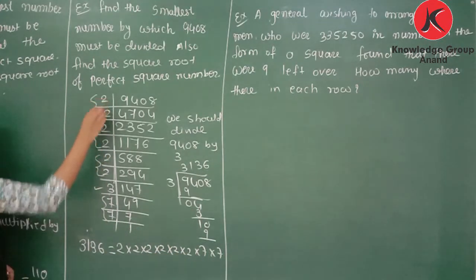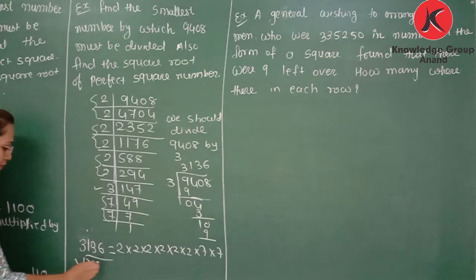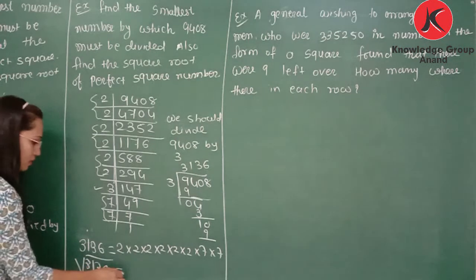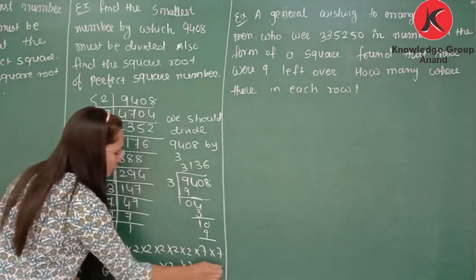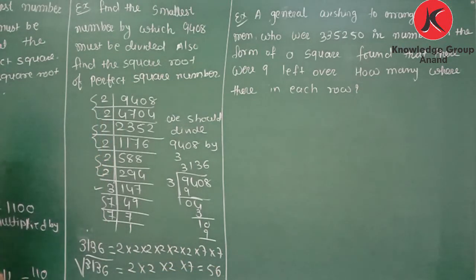Now the square root of the perfect square number, that is 3,136, will be 2 3 4 5 6 ... 2 and 7, 56. So that will be our answer.